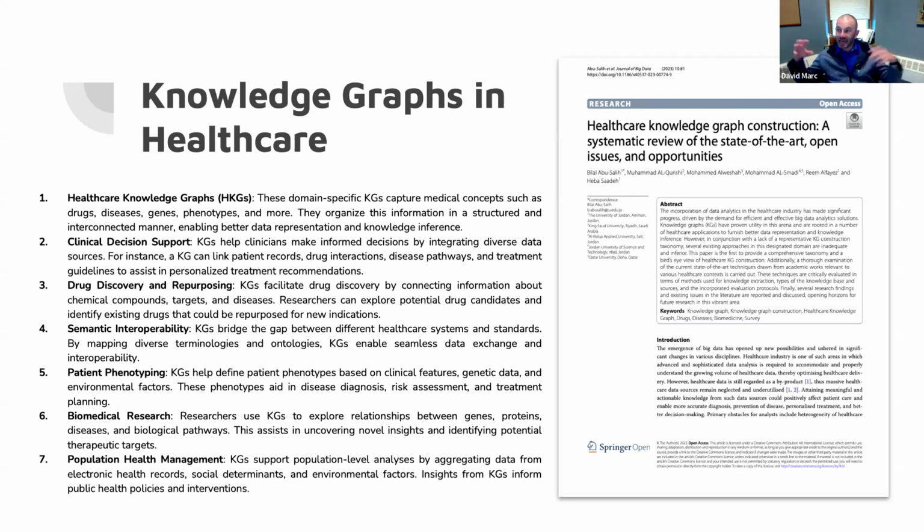And looking at the connections between those data can create a lot of really rich information about need. What are the major needs of the people within a population, and how can we address those needs?